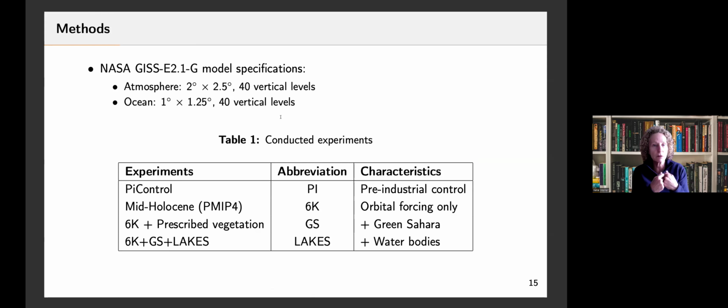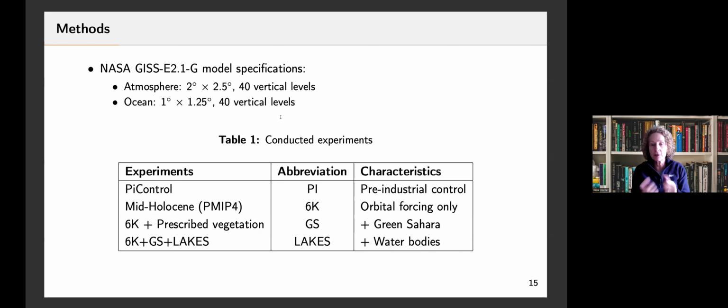The atmosphere is only 2.5 degrees, 40 vertical levels. The ocean has a good resolution, about 1 degree with 40 vertical levels, but we're going to be looking at the upper 1500 meters, so we're fine. And I conducted 4 experiments, and I'm going to try to explain how these experiments are different.